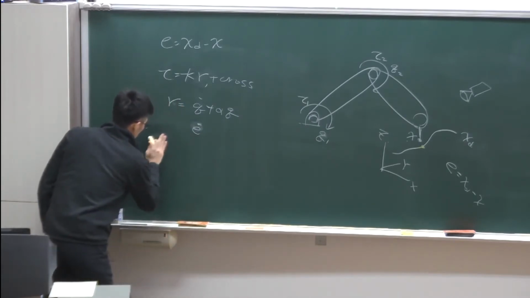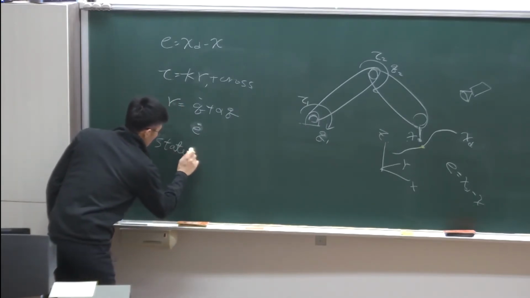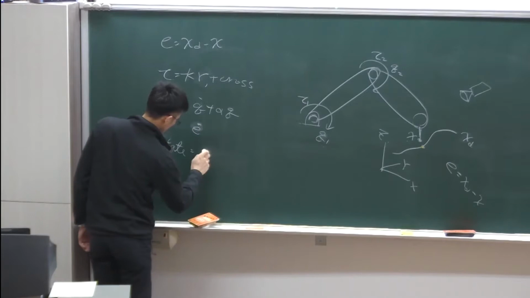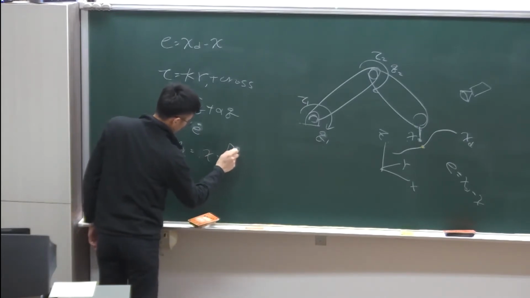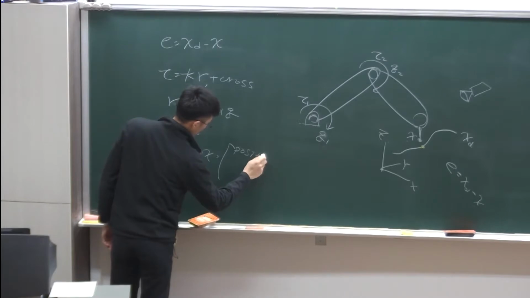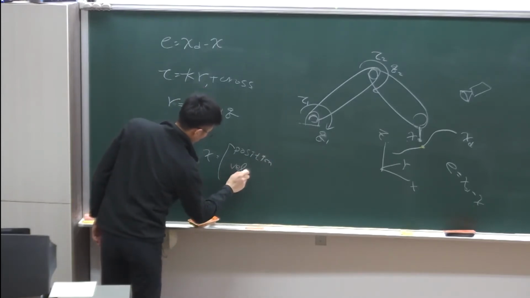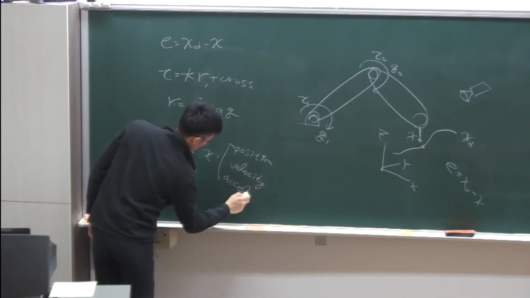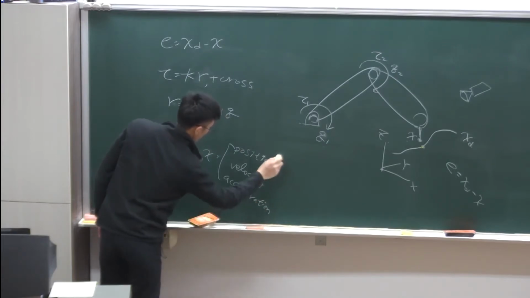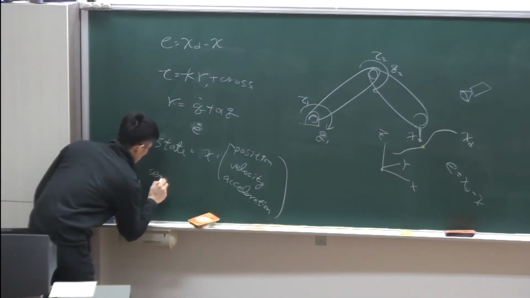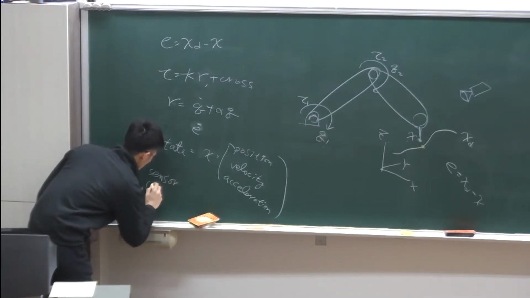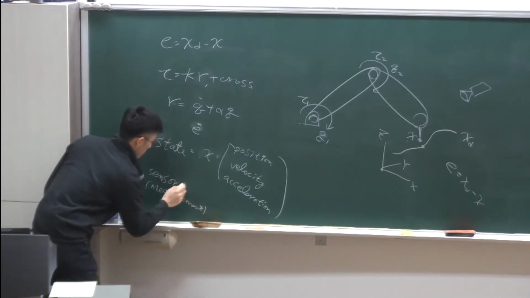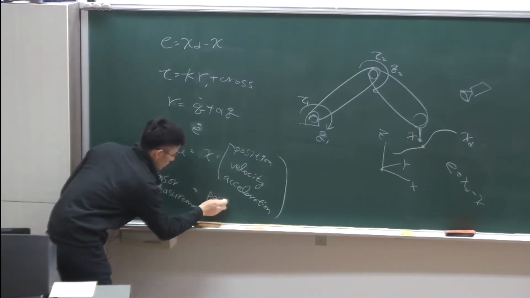In other words, your state could be position, but your sensor or measurement can only measure the position.